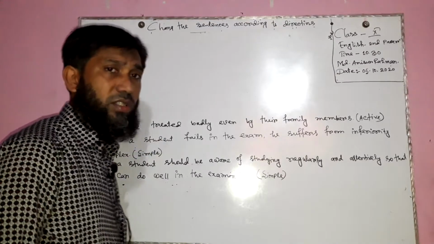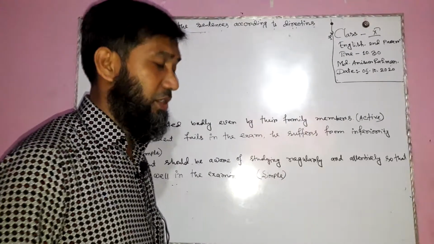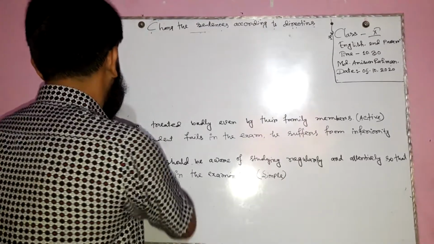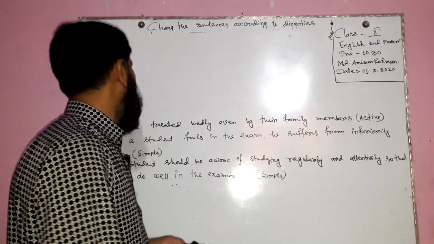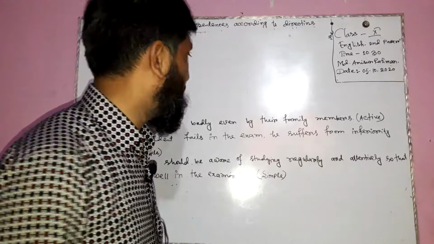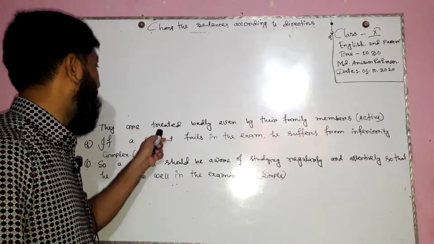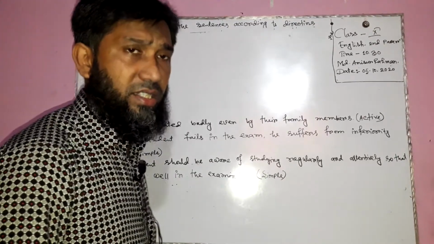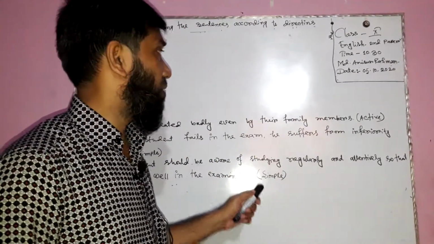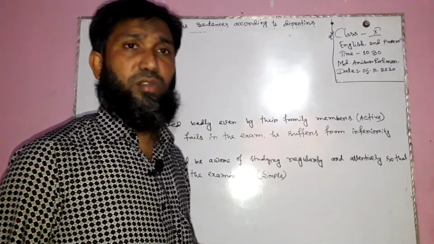This sentence is passive, and to turn passive to active we need to know which tense is used in this passive form. First "they", then the auxiliary verb "are", then the main verb "treated". So we can say this tense is present indefinite tense, and this sentence is the passive form of present indefinite. When we change it to active, it of course remains present indefinite tense. It will not change.